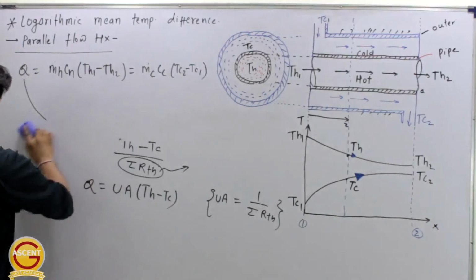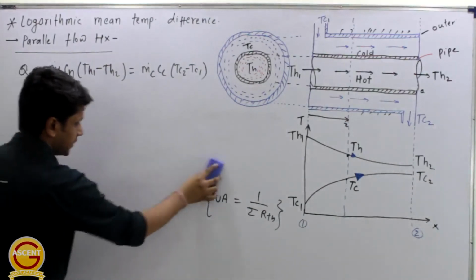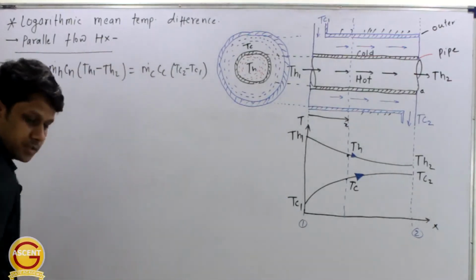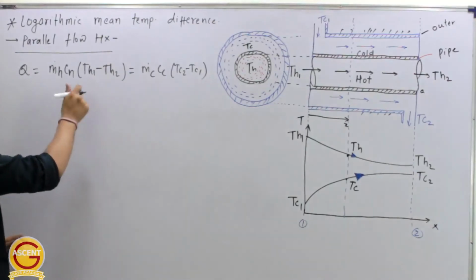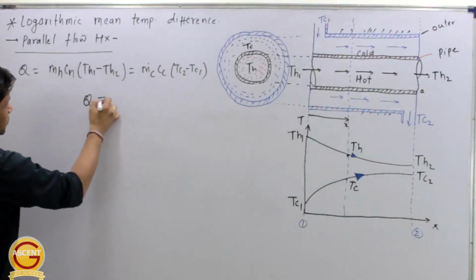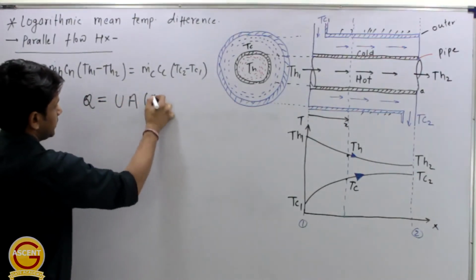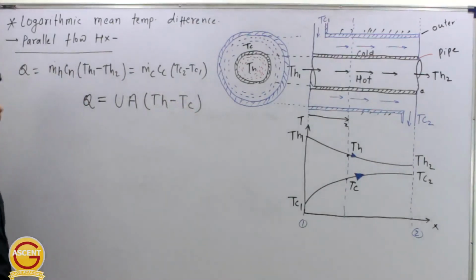So I will write down this equation in terms of overall heat transfer coefficient, whatever we have derived. This is our first equation based on the concept of thermodynamics. We just balanced the heat, and the second equation is Q equal to U into A into TH minus TC.